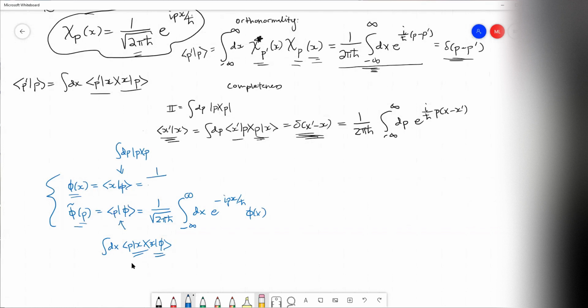We get 1 over square root of 2 pi h bar, integral from minus infinity to infinity dp e to the plus i p x over h bar, because now it's x dotted into p, not p dotted into x. So it's the original wave function, times phi tilde of p. So you see they're Fourier transforms of each other.